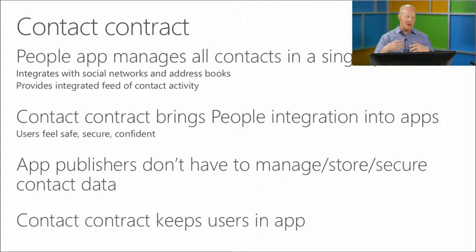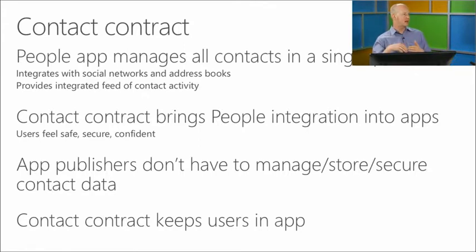And what's great for me as an app publisher is I don't have to manage and store and secure contact information. I also don't have to convince users to give me their contact information. With this integration between People and my app, all the information is in the People app that I trust and know.